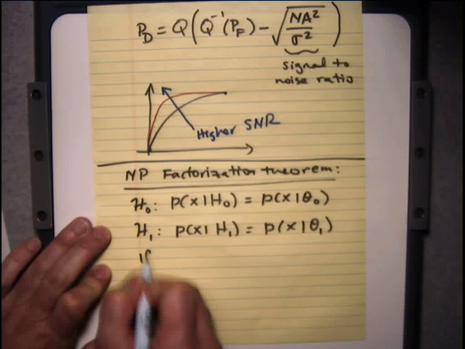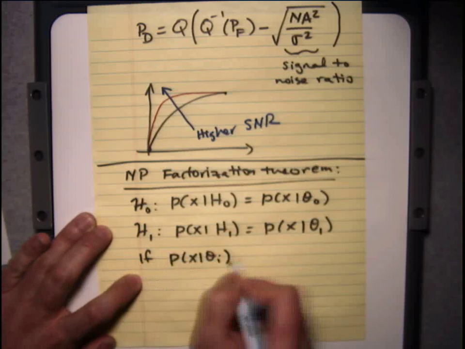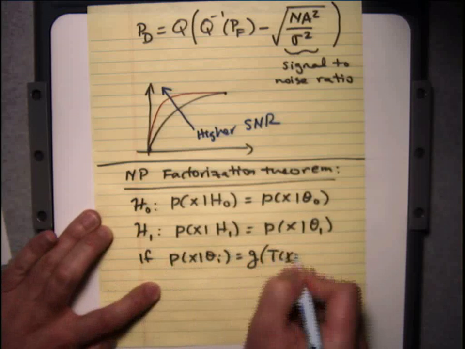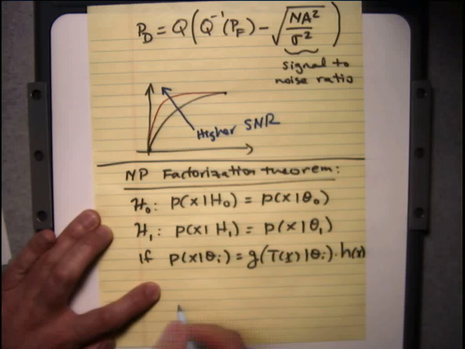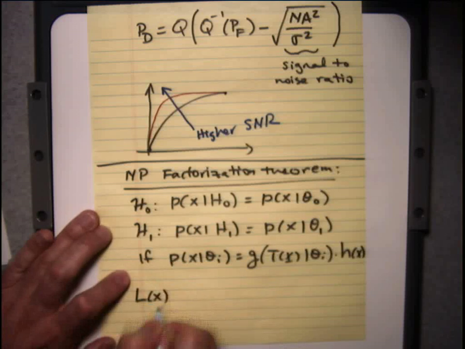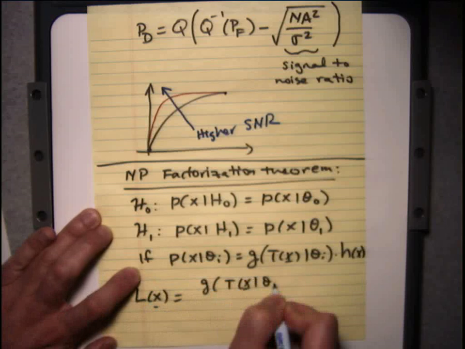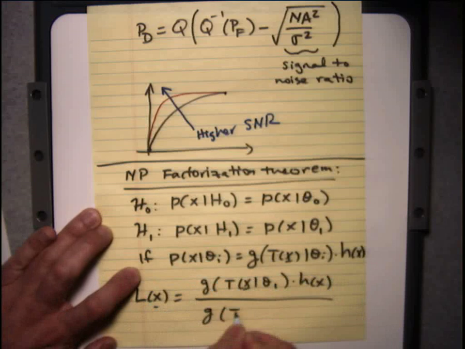So if you can write P of x given theta I, and this is I equals 0 and 1, as some function g of t of x given theta I times some other function h of x, then what happens is that the likelihood ratio becomes g of t of x given theta 1 times h of x, and g of t of x given theta 0 times h of x.